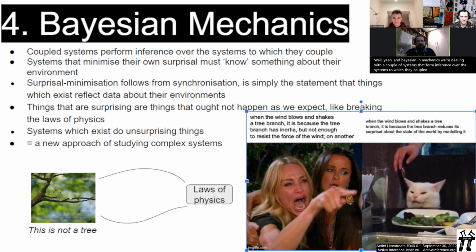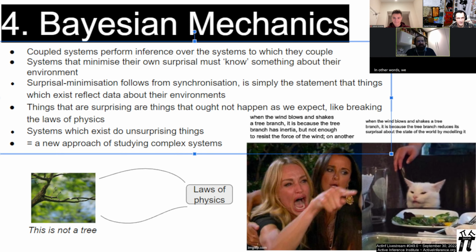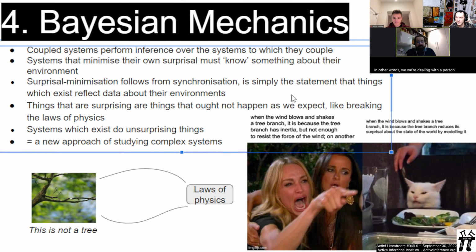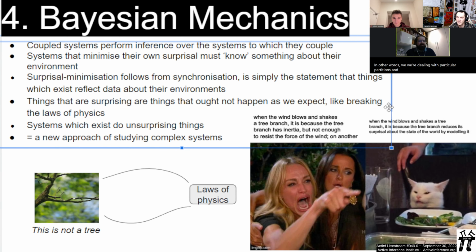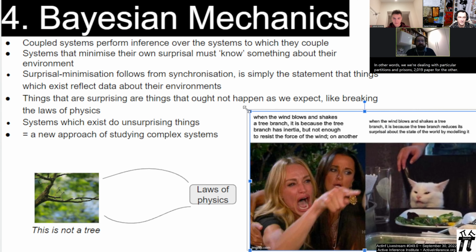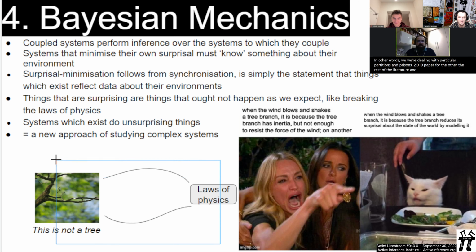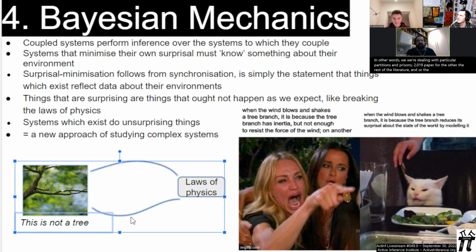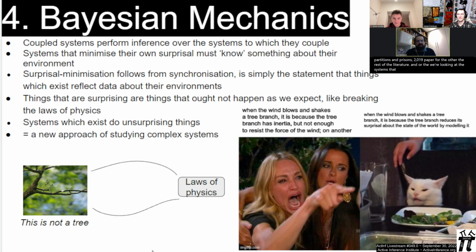In other words, we're dealing with particular partitions in the sense of Friston's 2019 paper or the rest of the literature. And we're looking at the systems that minimize their own surprisal.